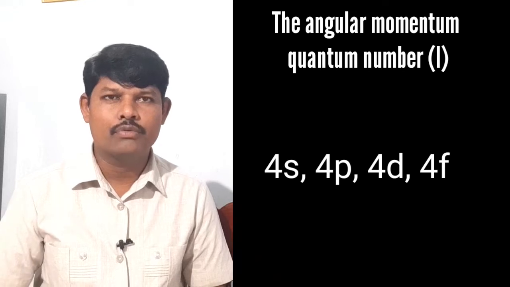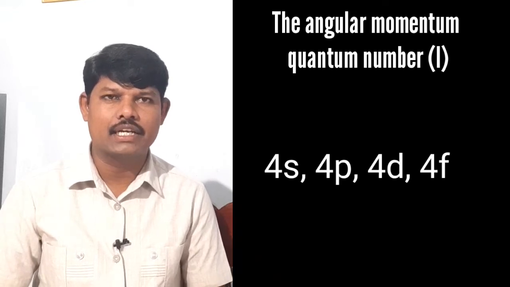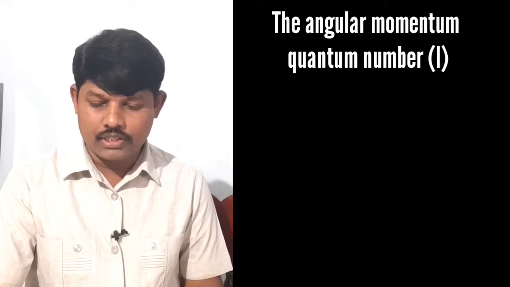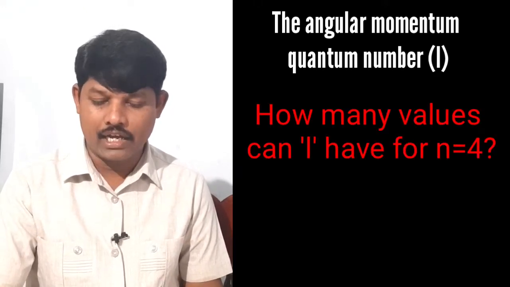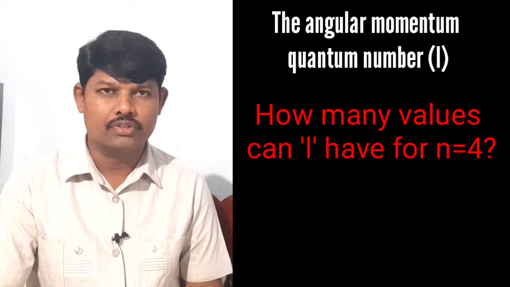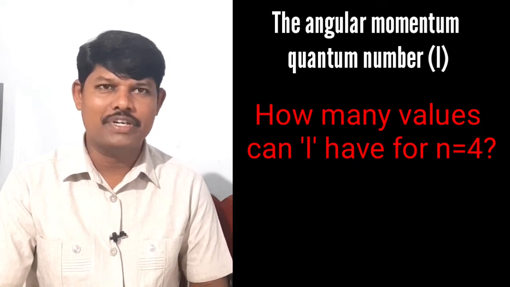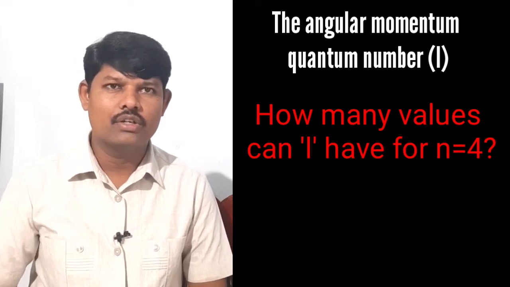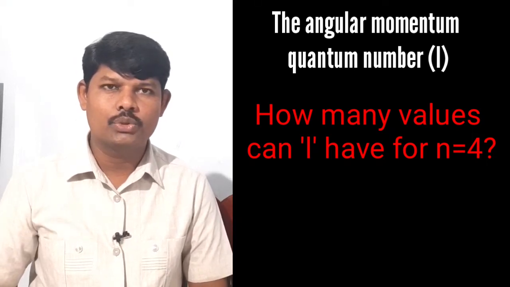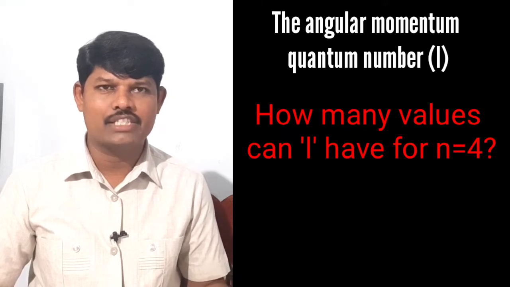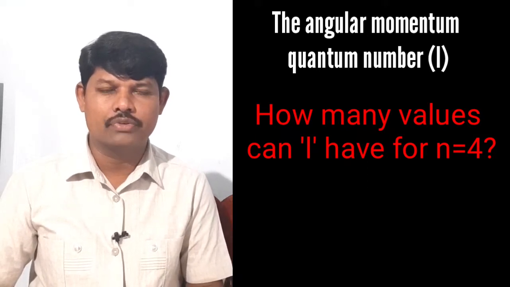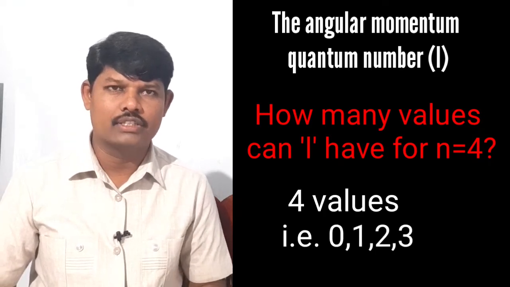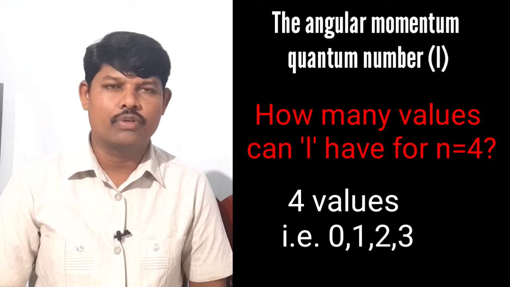These are the 4 subshells present in the fourth main shell. Next question, how many values can l have for n is equal to 4? Already we discussed, 4 values are there: 0, 1, 2, 3. Here n is equal to 4, so the maximum value is n minus 1, that is 4 minus 1, 3. So here 4 values are there.